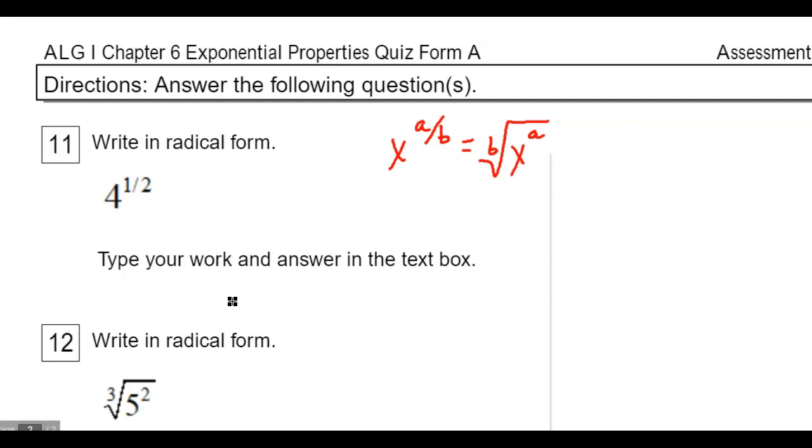So in this case, it says right in radical form. So you are going to take the square root of 4. And really, then you should also show me that you can simplify the square root of 4 and get 2.